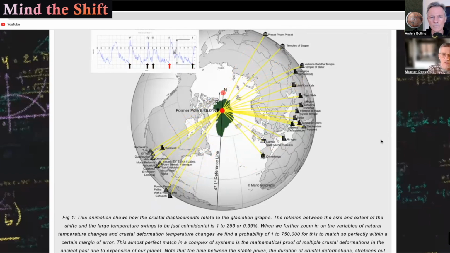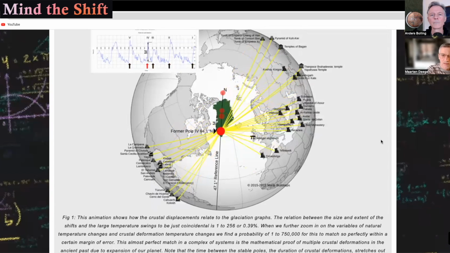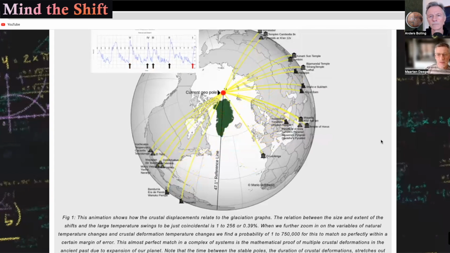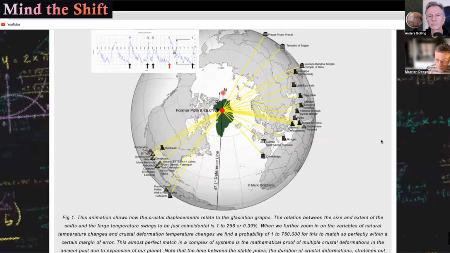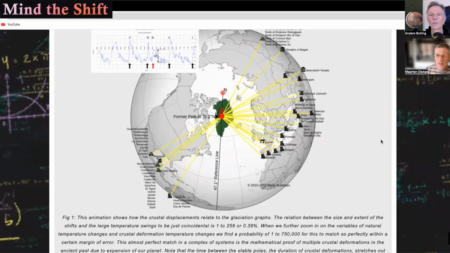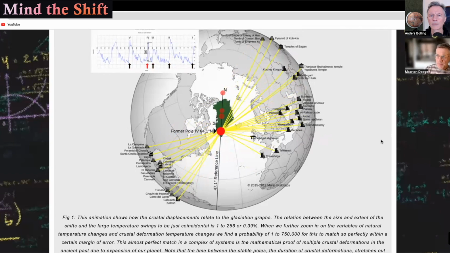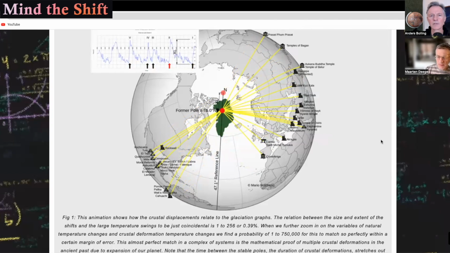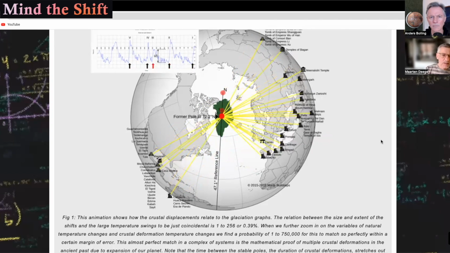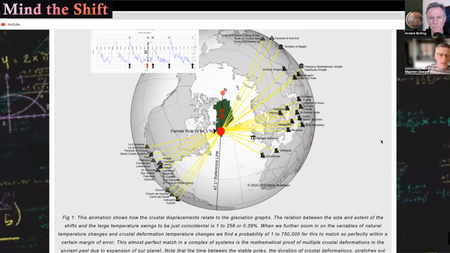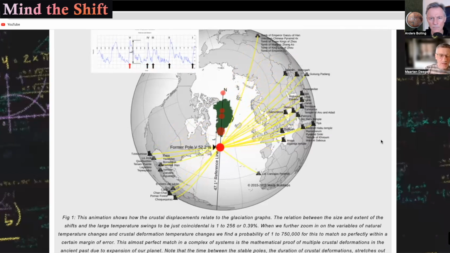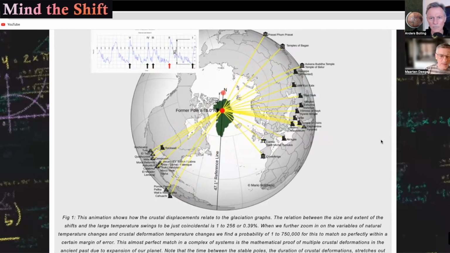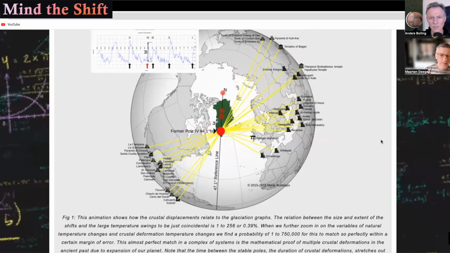So the crustal deformation is the downward flank, and the upward flank is, let's say, the recuperation of the whole biosphere, adapting to a changed climate. Of course, this is an enormous catastrophe for the Earth and everything that lives on it.